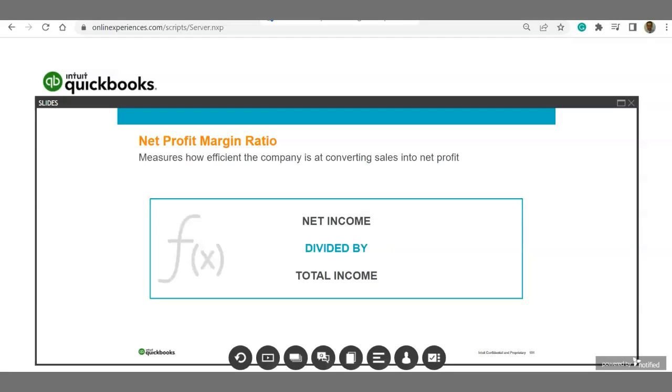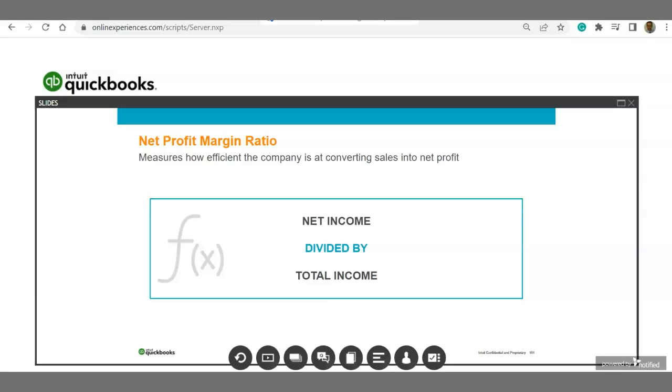Okay, and our next one on the P&L is the net profit margin ratio. So the net profit is the bottom line of the P&L, and it's called net income when you look at QBO's P&L. And it's the total income minus cost of goods sold minus expenses plus other income minus other expenses equals your net income.